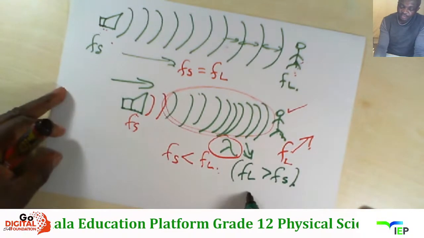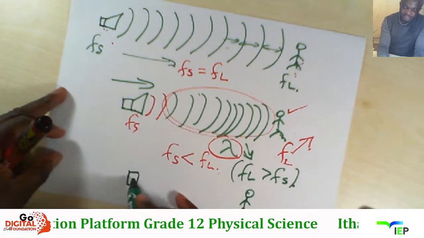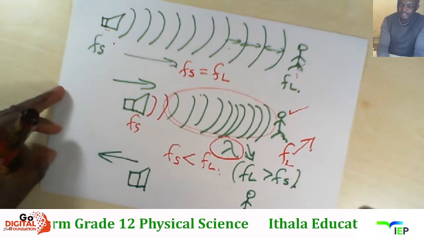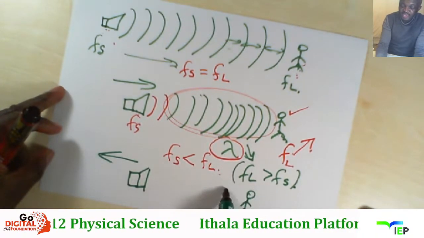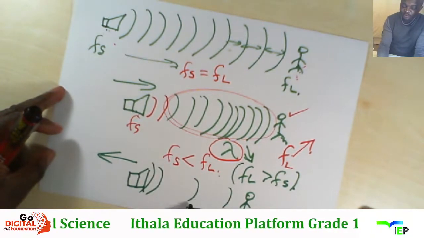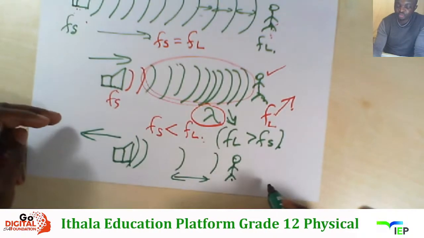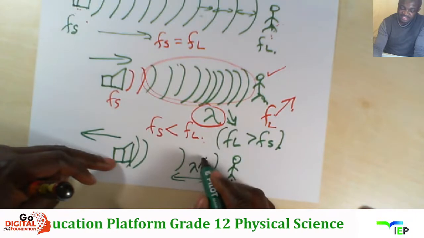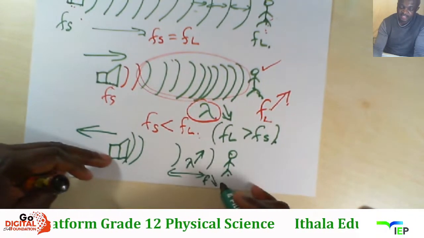What if the person sits here, and now the sound moves in the opposite direction? What happens to these waves? The waves stretch. When they stretch they create a longer wavelength, and longer wavelengths lead to lower frequencies. So the wavelength now increases, and when the wavelength increases, the frequency decreases.